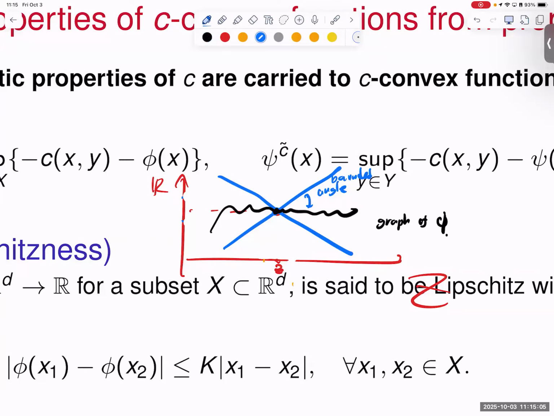So that is Lipschitzness. If you can find such a cone at every point with the same angle, then the function is Lipschitz.